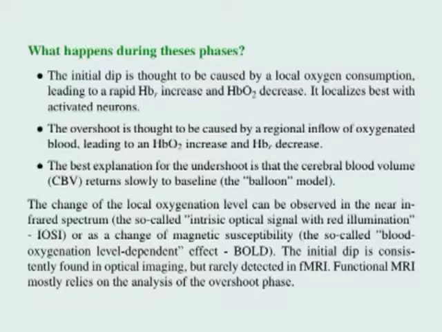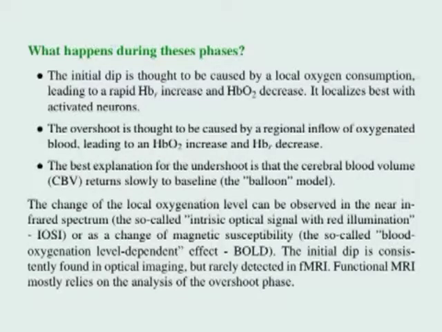And we can observe this effect either in the near-infrared spectrum, because oxygenated blood simply has a different color than deoxygenated blood. Everybody knows this. Or as a change of magnetic susceptibility, which is essentially used in the bold effect. There are slight differences between those two techniques with respect to the phases that we can see.